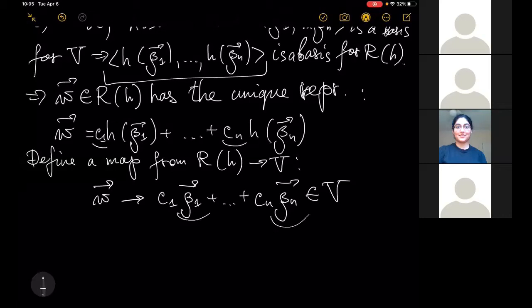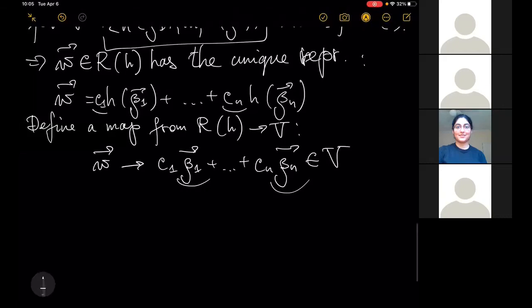Then it is easy to show that this is the inverse of H, because if you apply H to this, you will get exactly W. And it is easy to show that this inverse map is linear. So that's it.